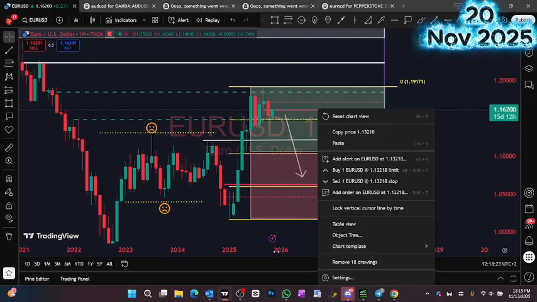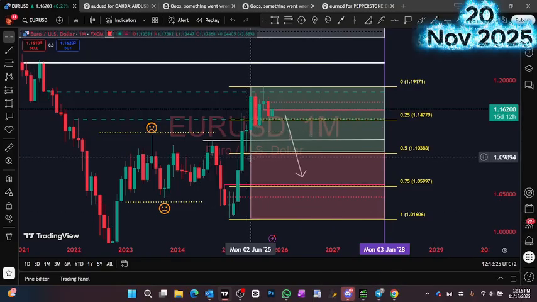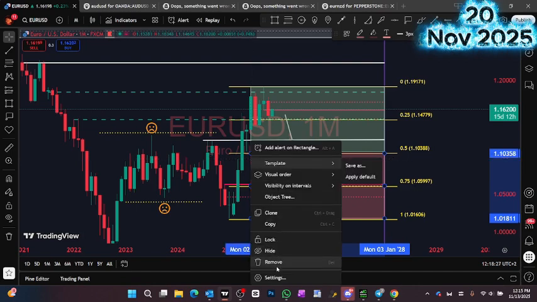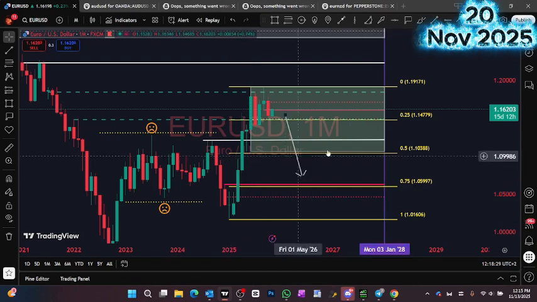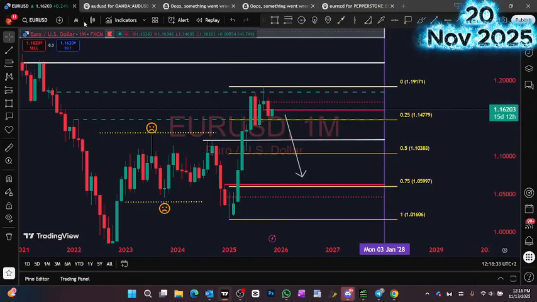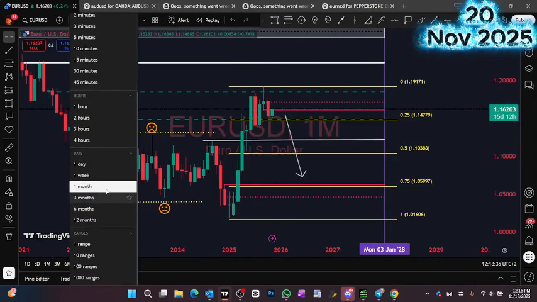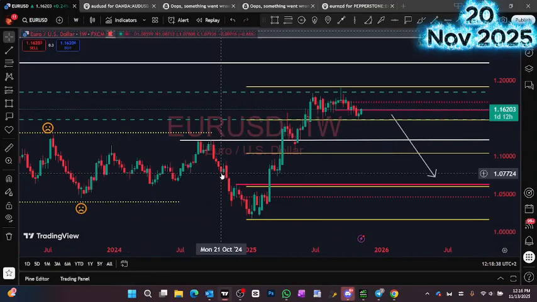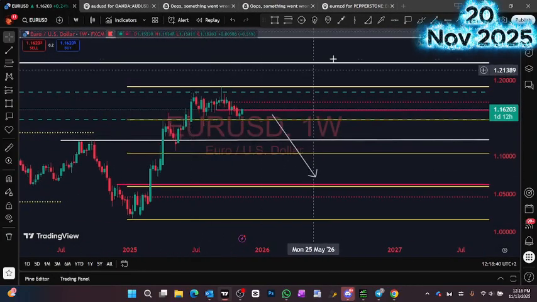So let's remove these blocks. Okay, and then let's go down to weekly. Let's see.